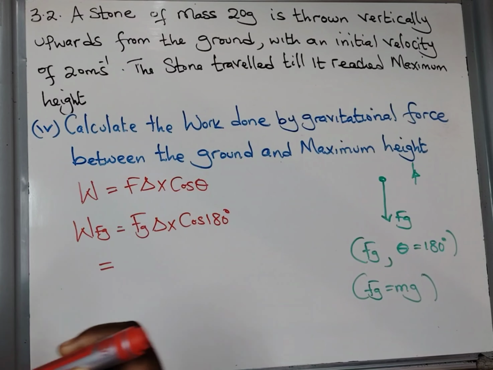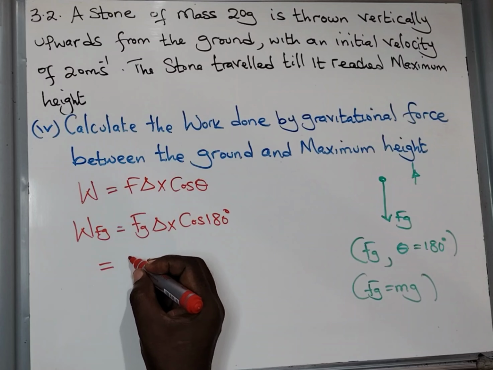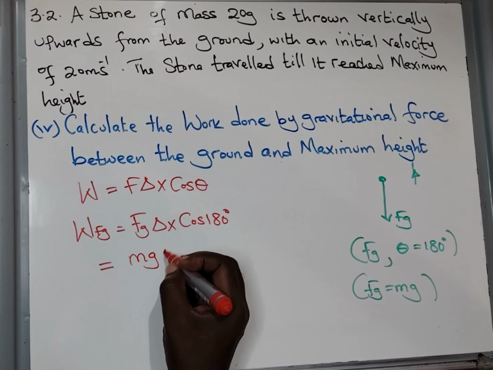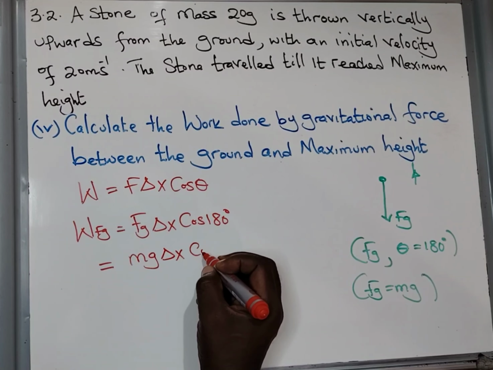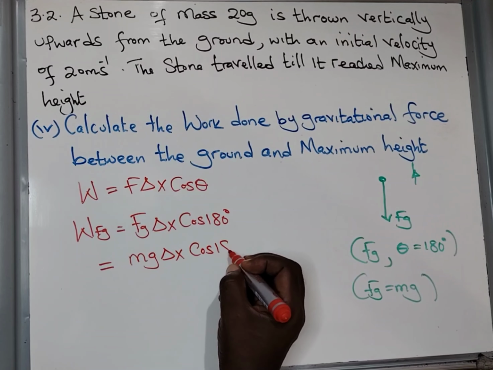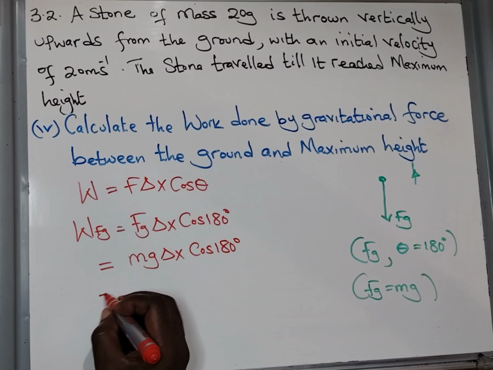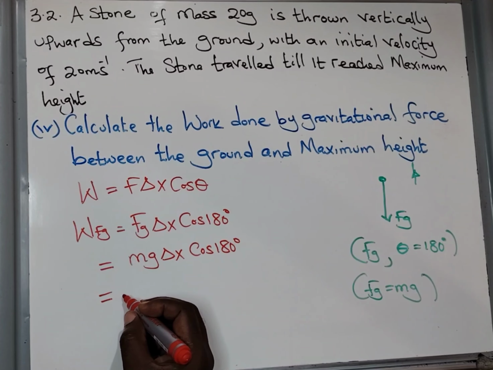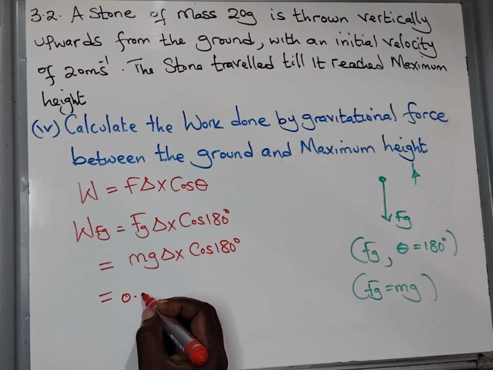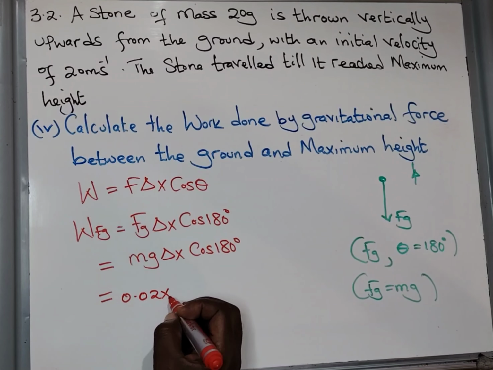So you come here and say mg delta x cos 180 degrees. Do you know the mass? Yes, it is 0.02.